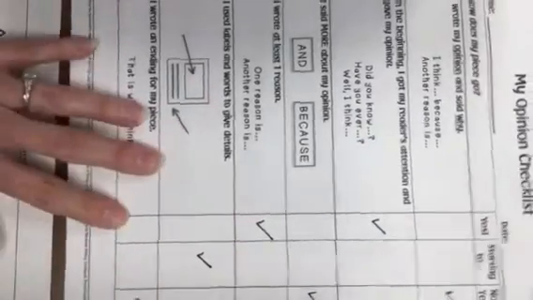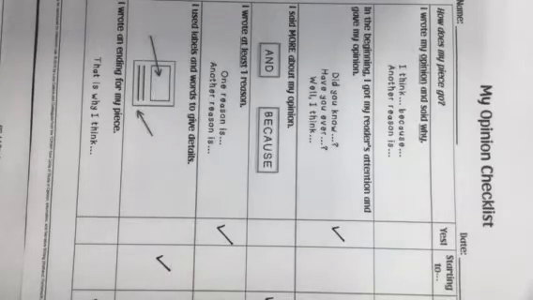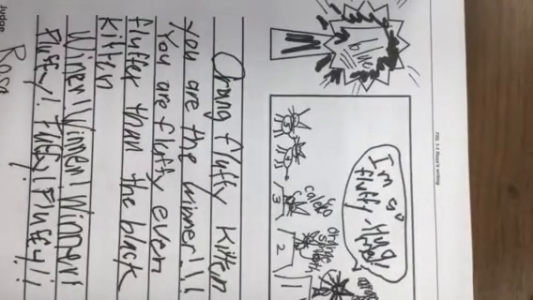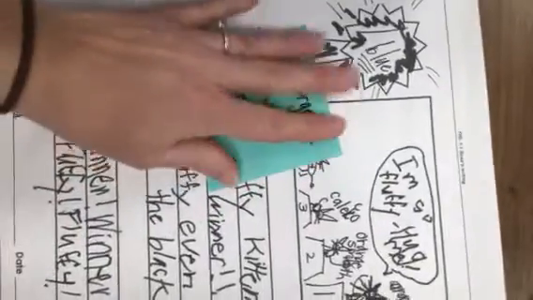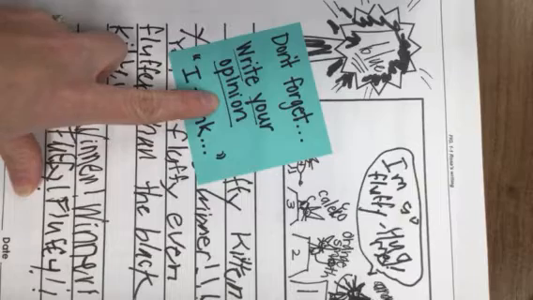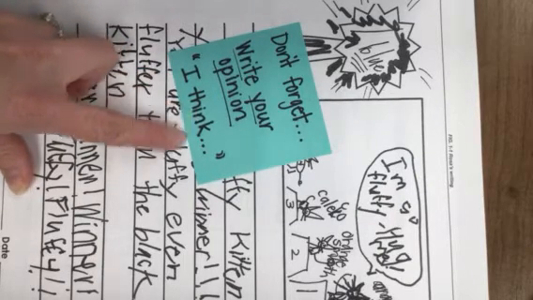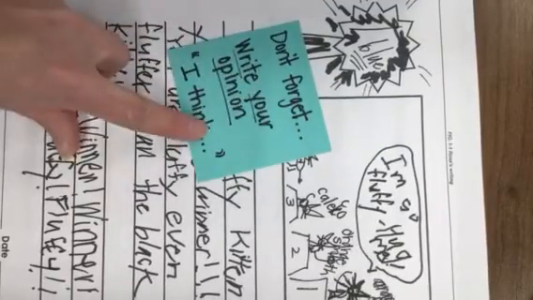All right, friends. So after using this checklist and looking at this piece of writing, if this were my writing partner, I would tell her that she needs to remember, or don't forget, to write your opinion. She needs something that says, I think that Orange Fluffy Kitten is the best.